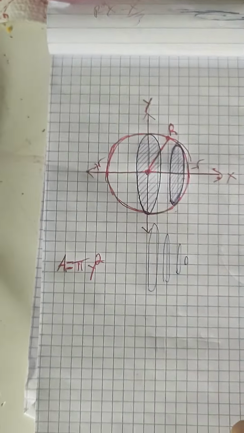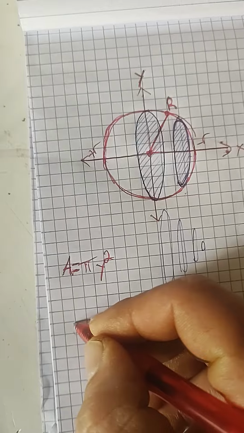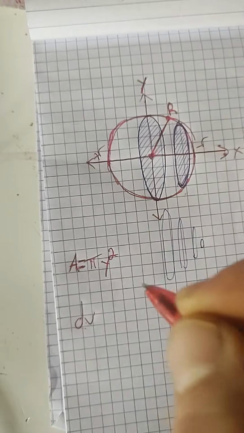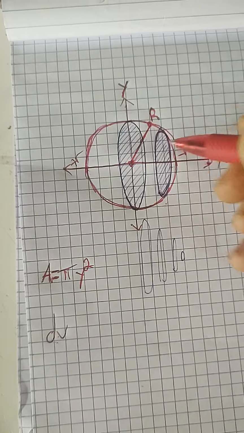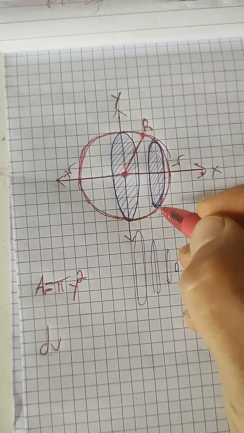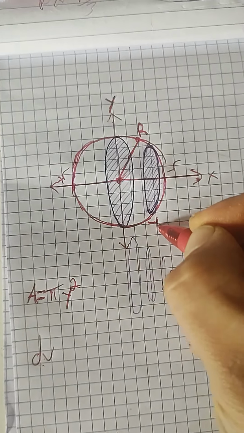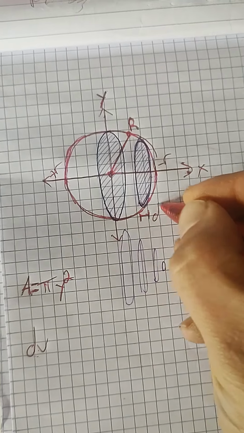The dV, the differential volume, is one of these circles related to r, multiplied by the thickness of the circle in the x-plane, which we're going to call dx.